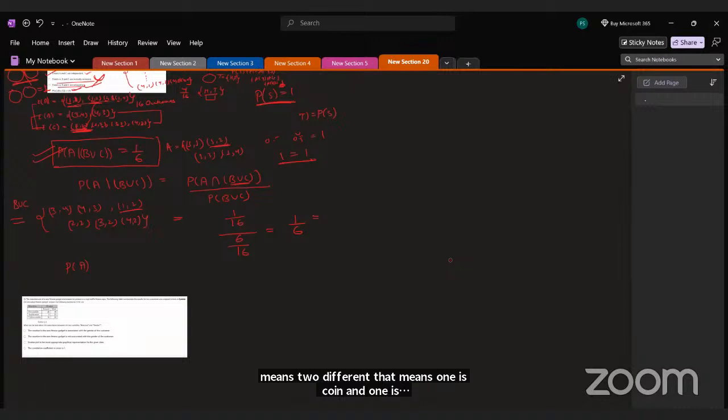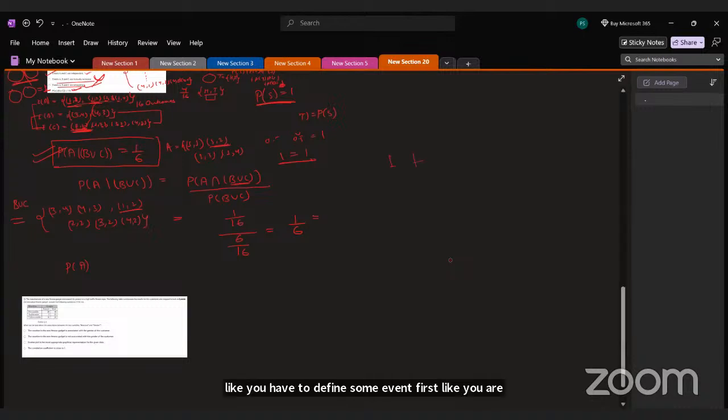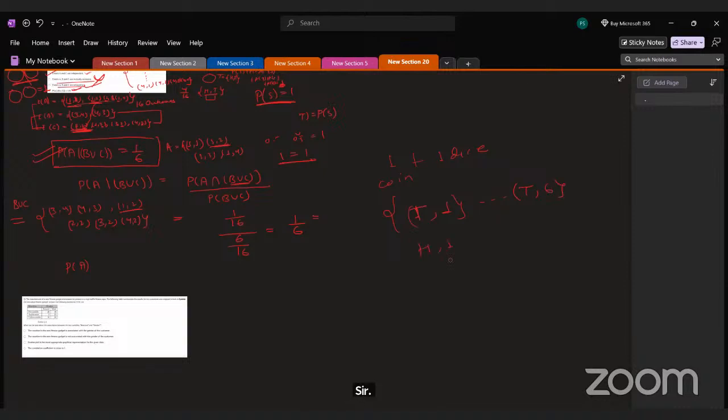Mutually exclusive, like if you're taking a dice and a coin example, you have to define some event first. We are taking this experiment: tossing one coin plus rolling one dice at a time. The possible set of outcomes you will get: heads 1 till heads 6, and tails 1 till tails 6.